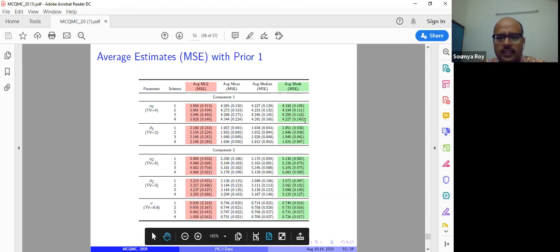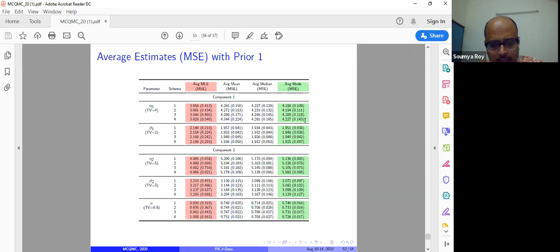Of course, this same observation is true for the Bayesian estimates as well. Furthermore, we observed that here also among these Bayesian estimates, possibly the mode performs well with respect to the MAC. Now, this clearly indicates possibly we require a larger sample size in case we want to improve the performance of the estimates.